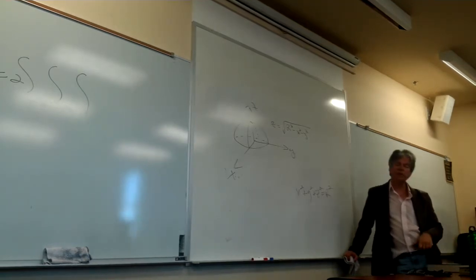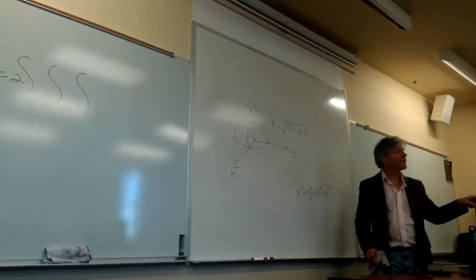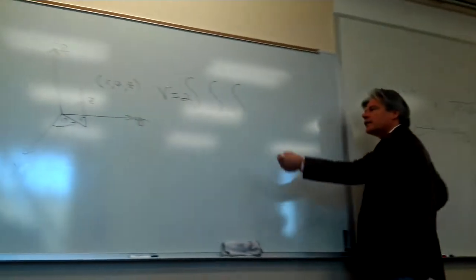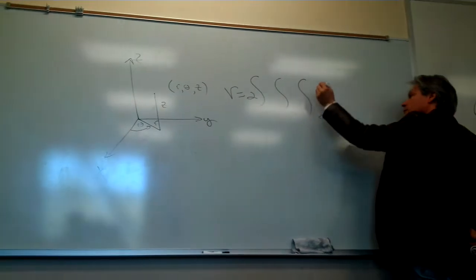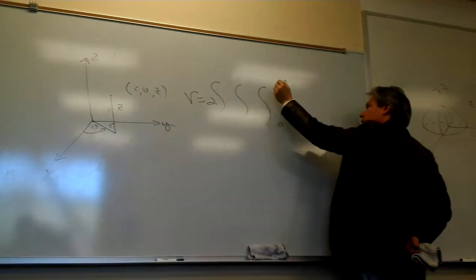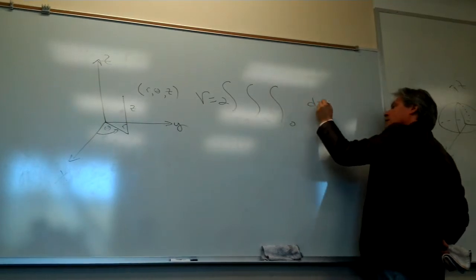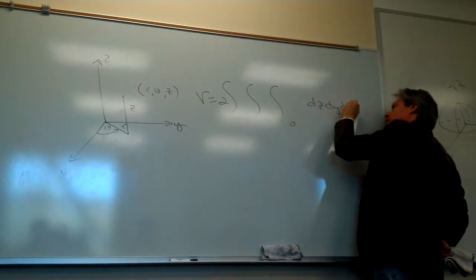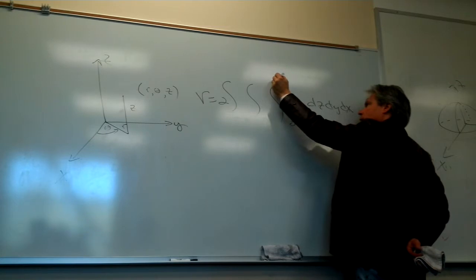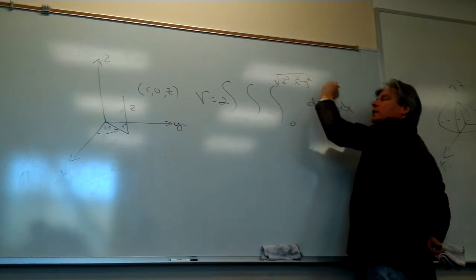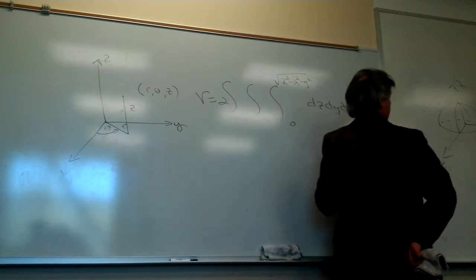So let's just use a standard triple integral, standard x, y, z axes. My z values are going to range from 0 to this function z, which is the square root of r squared minus x squared. Beautiful. I agree.